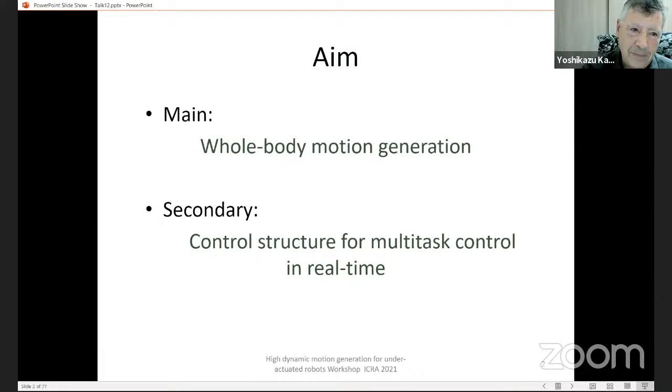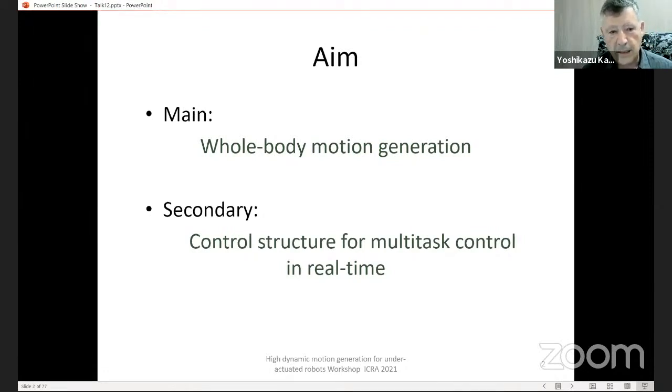So the main aim is whole body motion generation, and especially I'm interested in quite dynamic motions, how to generate dynamic motions. The secondary aim is how to realize these dynamic motions using a controller.